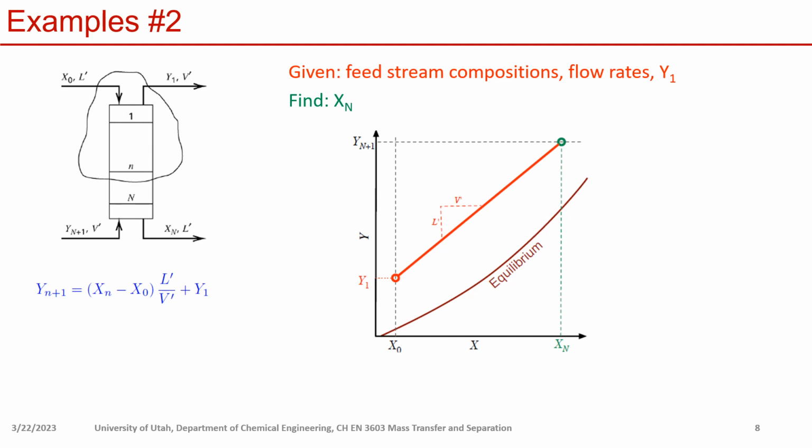Then the feed stream composition tells us yn plus 1, so we can draw a horizontal line here. This line will cross the operating line at this point, and from the x coordinate of that point, we can find xn.